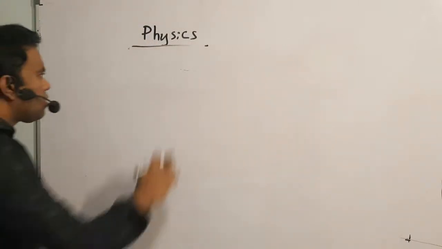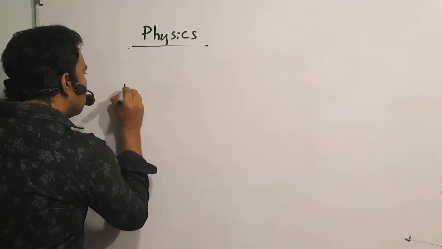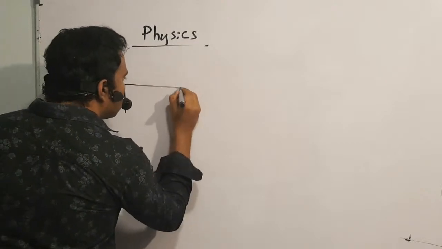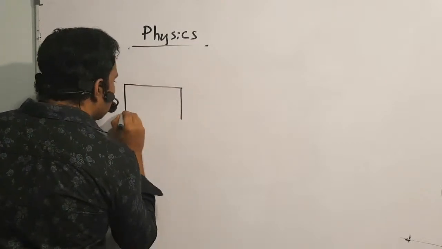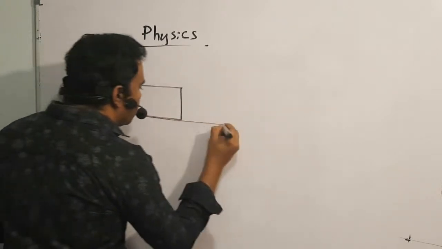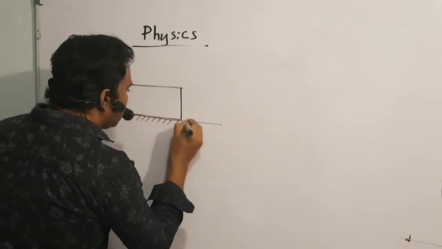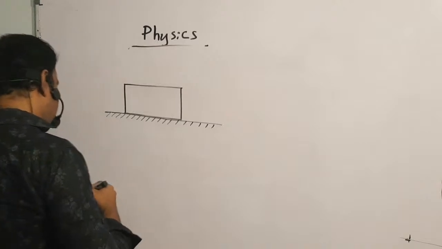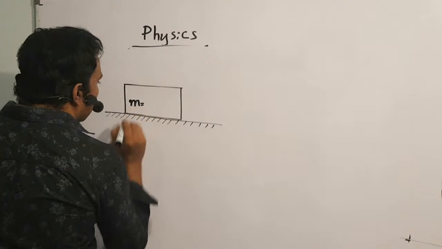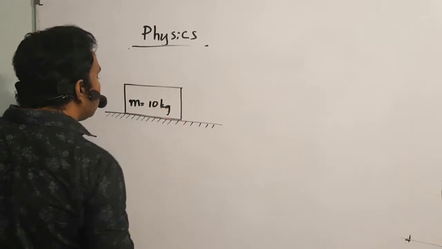Now, linear motion, one question, linear motion and Newton's laws. Yes, you can see this object, it is in a stationary state. Its mass is m. Assume that's 10 kilograms of mass.